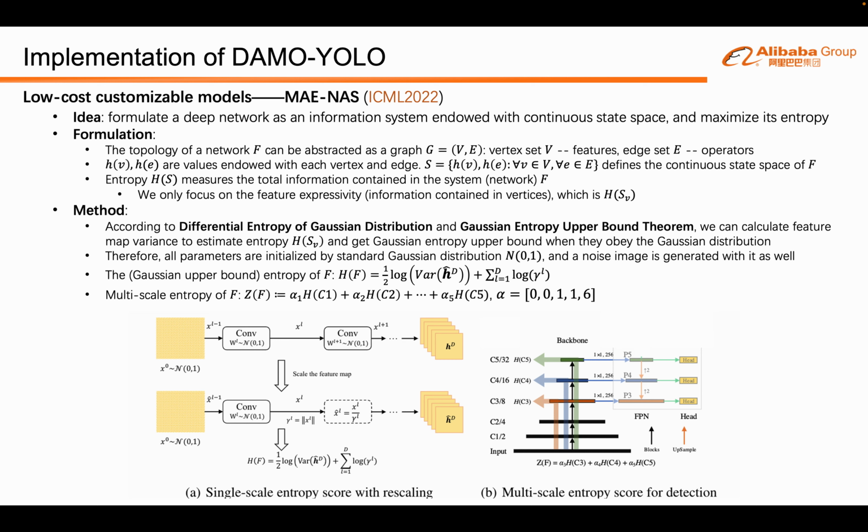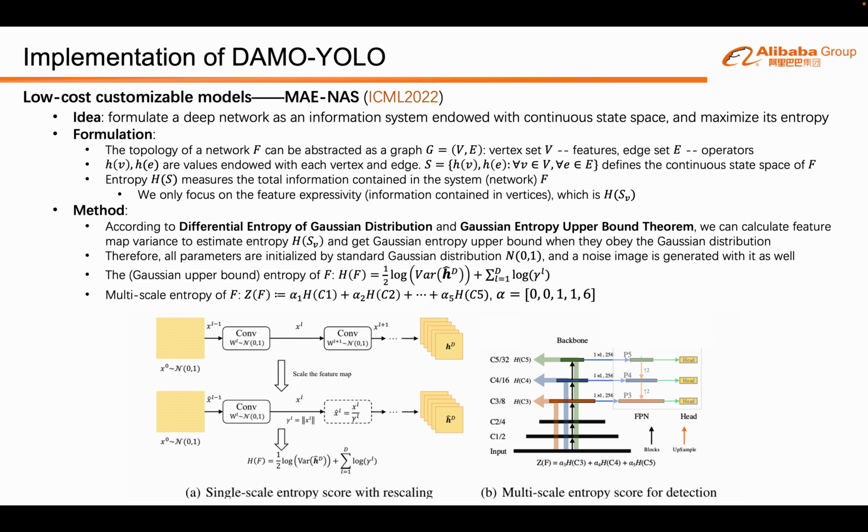First of all, we abstract the topology of network F as graph G, whose vertex set V represents features of this network and edge set E represents operators in this network. Based on this abstraction, we use HV and HE to denote the values endowed with each vertex and edge.